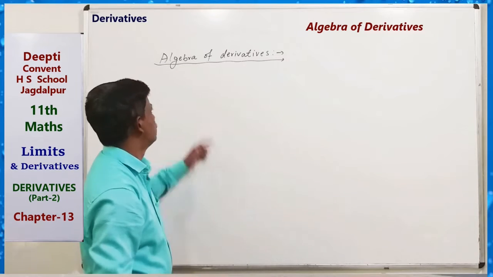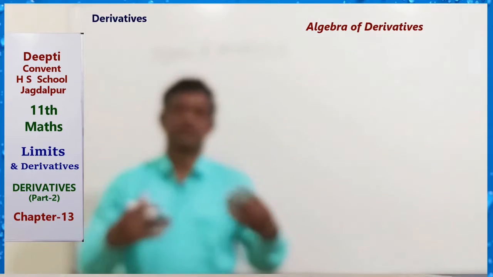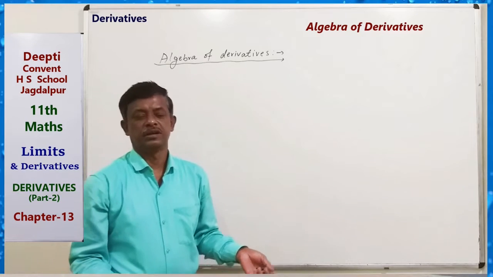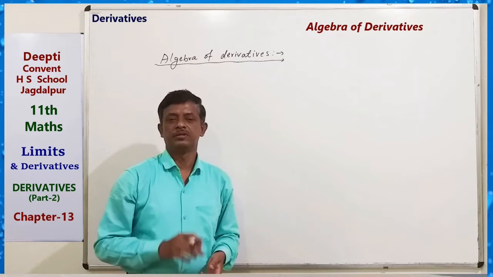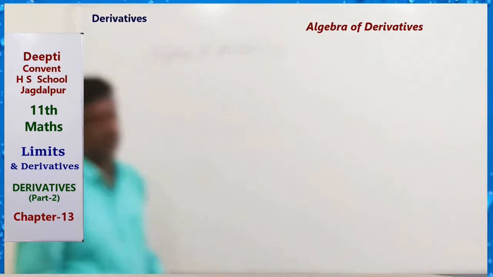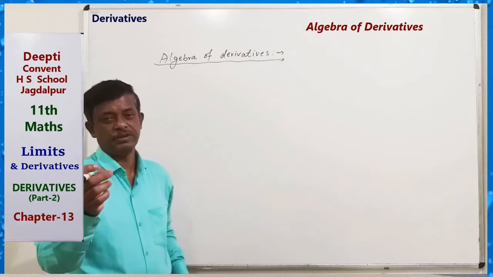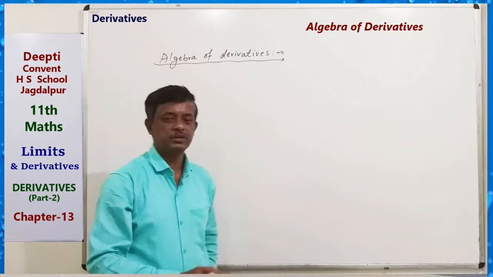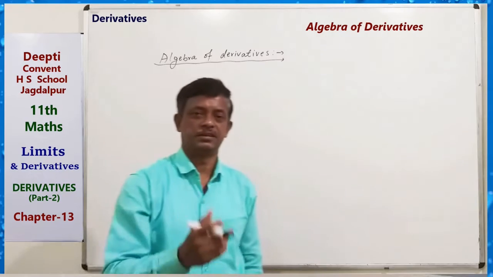Here also the derivative of addition of two functions, subtraction of two functions, product of two functions and division of two functions can be found by using formulas. Here the multiplication formula and division formula are very important for finding derivatives of an expression, polynomial, etc.